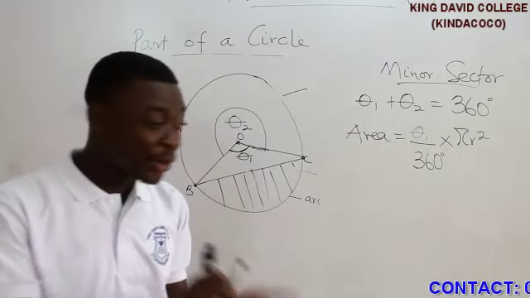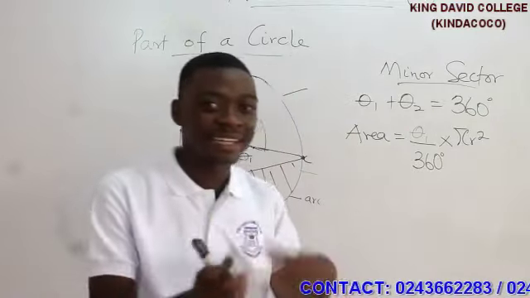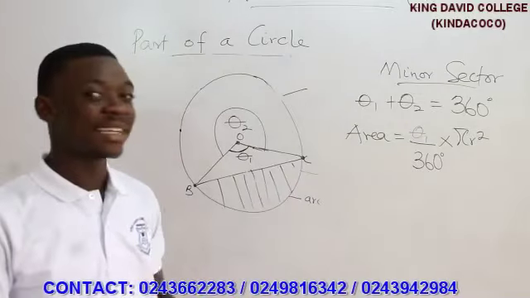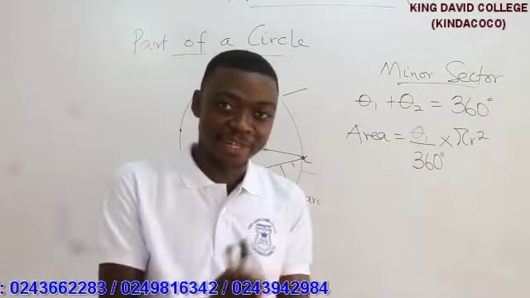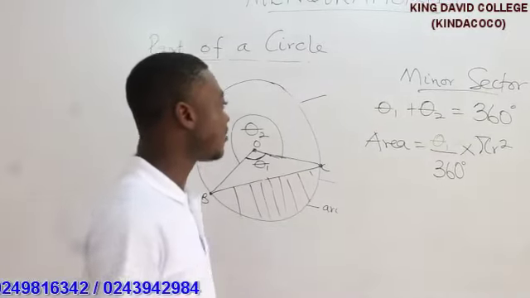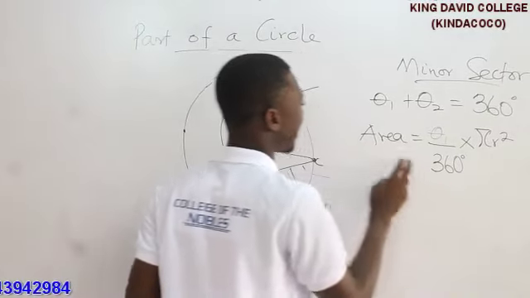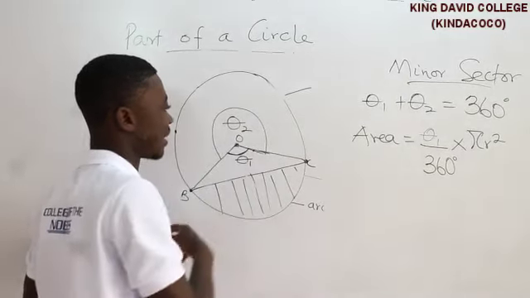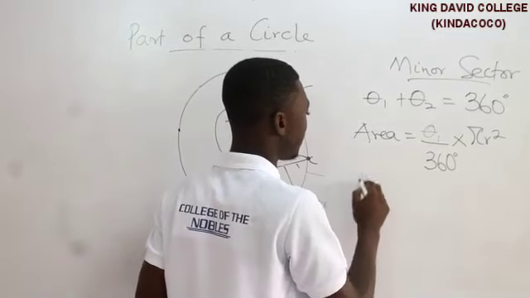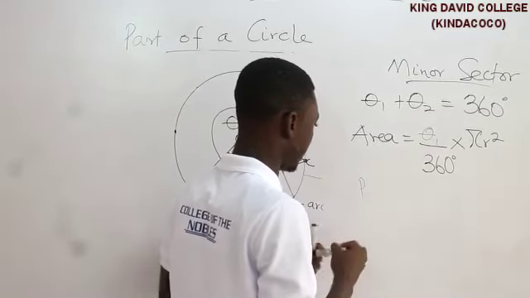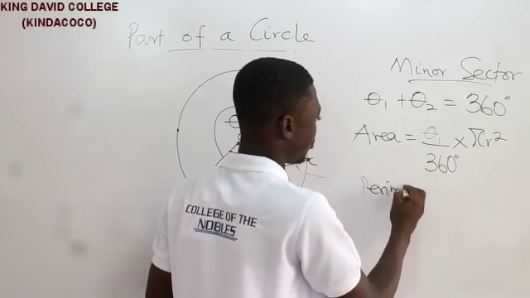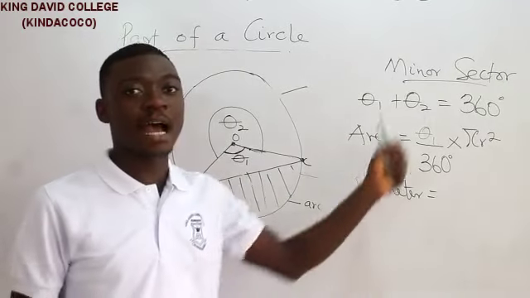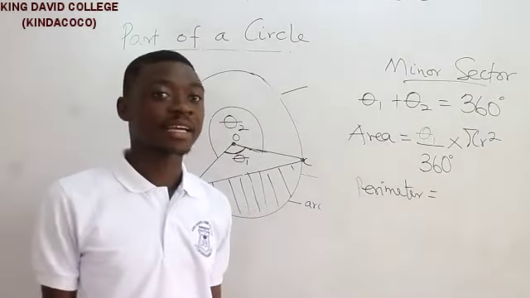And you know, area and perimeter express a little bit of twin behavior. Anytime you find area, you must find perimeter as well. So if we want to find the perimeter of the whole sector, we know that perimeter is the distance around a figure.